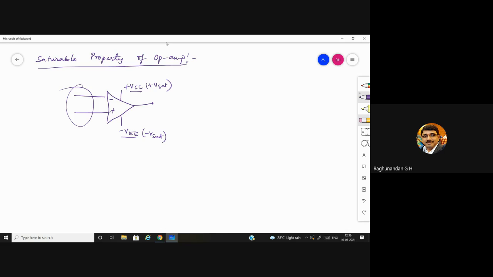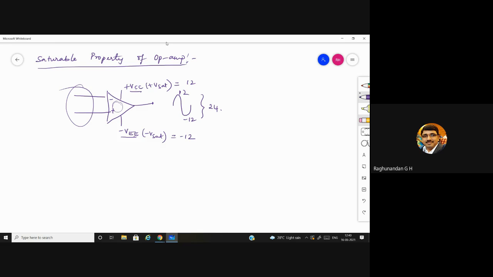This plus VCC and minus VEE are not only used to bias or to keep the operating point of the transistors which are present in this op-amp, but also they are going to fix the maximum range of the output. If you keep on increasing the input, but if plus VCC is 12 volt and minus VEE is minus 12 volt, then maximum you can get 12 to minus 12, that is totally 24 volt. Beyond this, you cannot get the output.